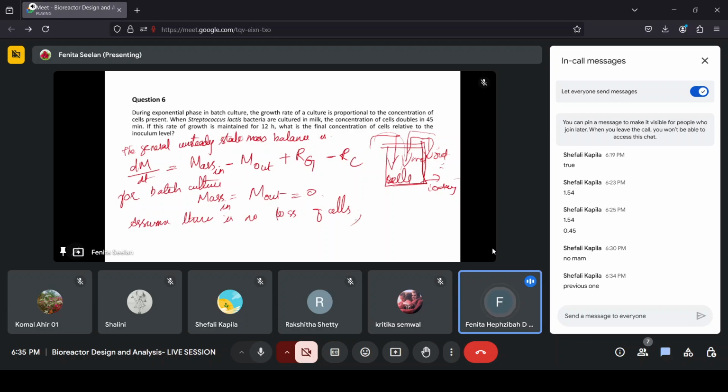So if you do not have this assumption of no loss of cells, then KD comes into picture, the rate of endogenous metabolism. So if I am assuming that there is no cells being lost from the system due to cell lysis, then we can tell this RC is equal to 0.